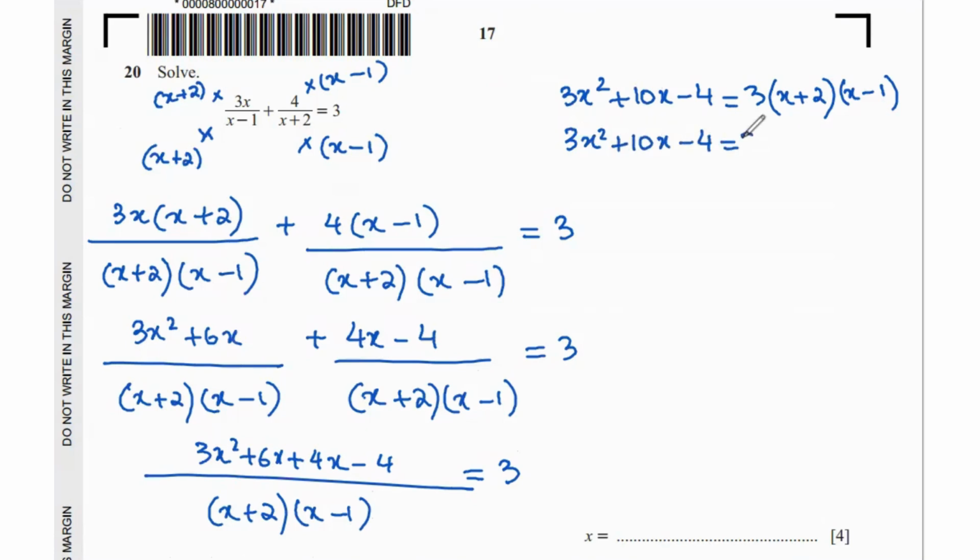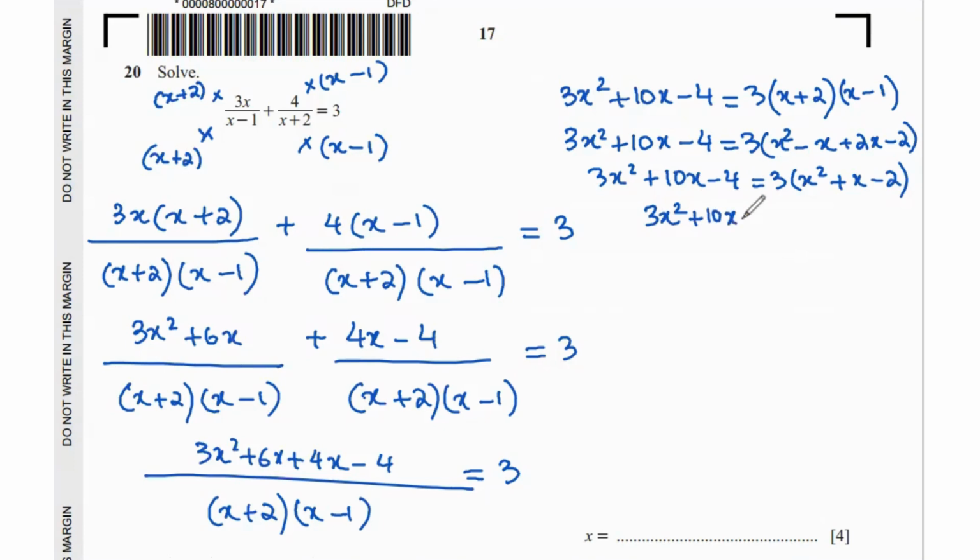So that's 3 times x squared minus x plus 2x minus 2, which is going to give us 3 times x squared plus x minus 2. So 3x squared plus 10x minus 4 equals 3x squared plus 3x minus 6.